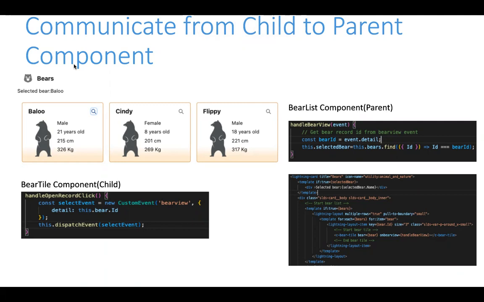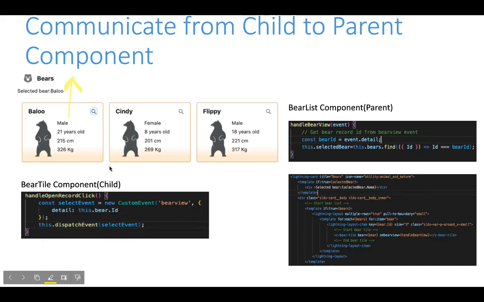Now we are doing some action in the child component and the data is going to the parent. In my child component, the bear tile component, I declared a click event, and during that click event I want to pass the particular bear details to the parent component.